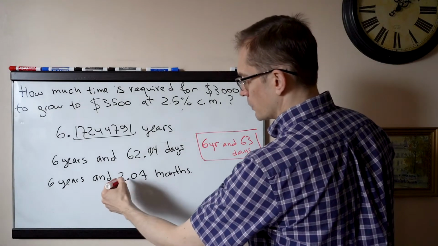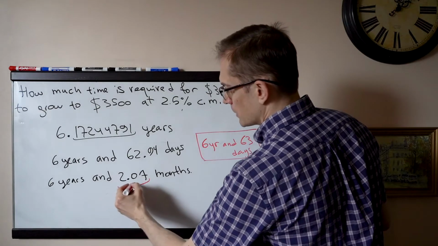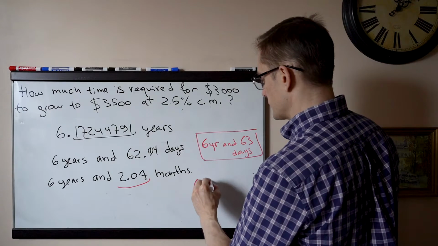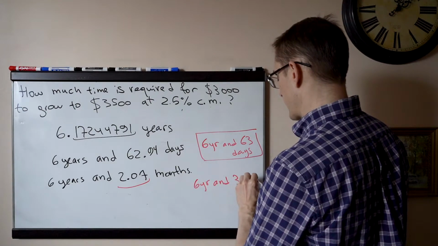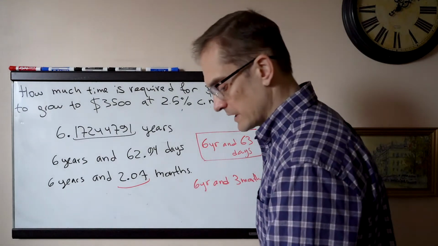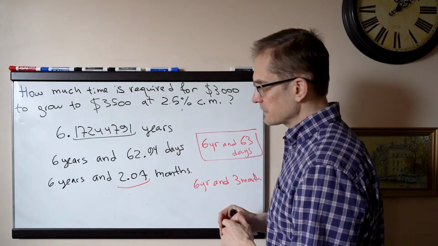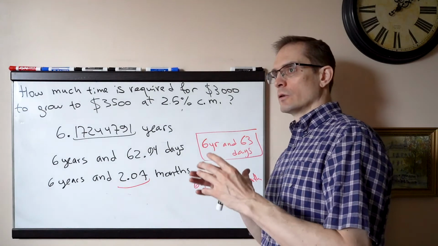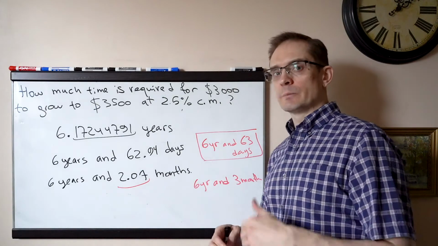Now, if you are asked to report in terms of months, you actually will need to round this month to the next whole month, which is 6 years and 3 months. So keep in mind that in these investment problems, when you find the term, unless you're directly requested to round down, you always round one period up.